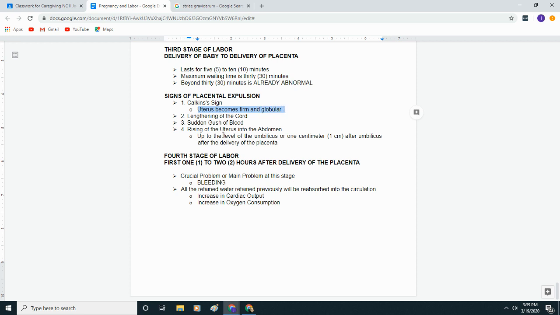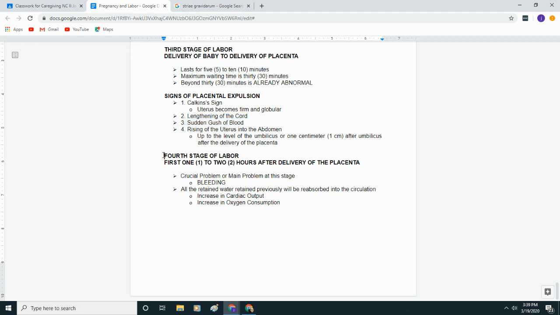Rising of the uterus of the abdomen. Commonly, this is done by your nurses, midwife, and doctors. Pero you should check that nalabas na dapat yung placenta after ng baby.